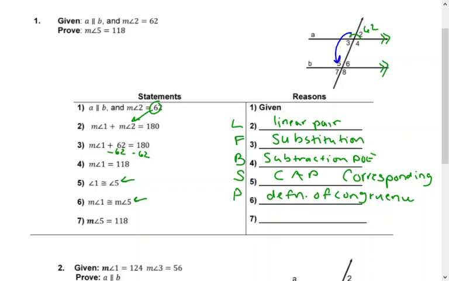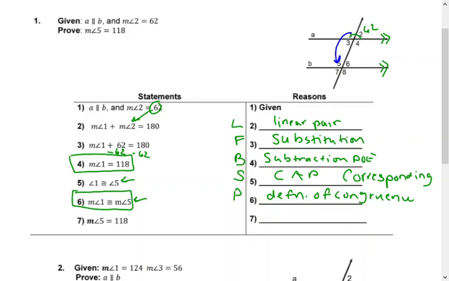Now we want to go from the 2 steps above it and end up with our statement, the measure of angle 5 equals 118. Sorry, it's not 5 and 6. We're actually going to use 4 and 6. This is confusing because we've always used 2 statements that are right in a row, but we're now going to use statement 4 and statement 6.